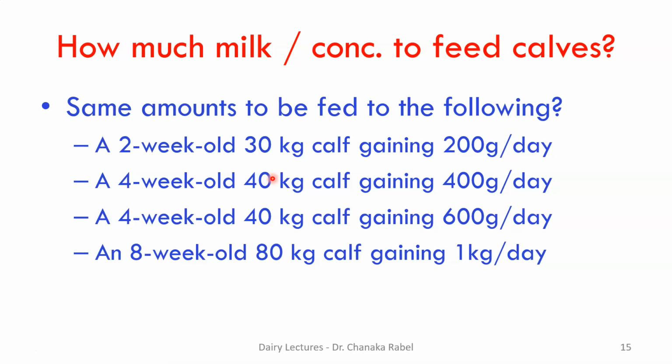But what if one calf is growing faster and the other one is growing slower? Do they eat the same quantity or not? No, they probably won't. The group growing at 600 grams per day will eat more than the group growing at 400 grams per day. So how do we calculate that?